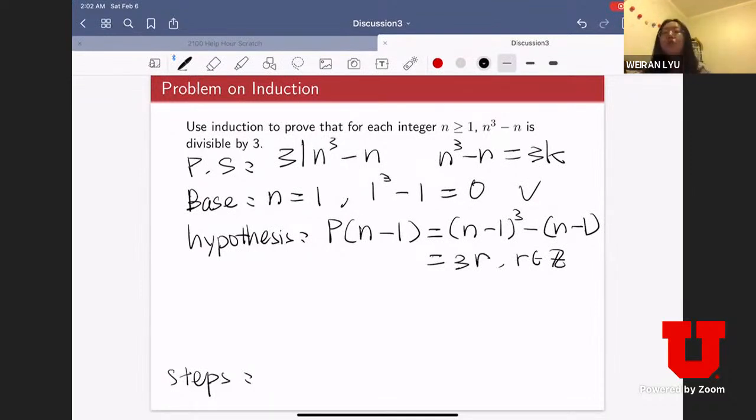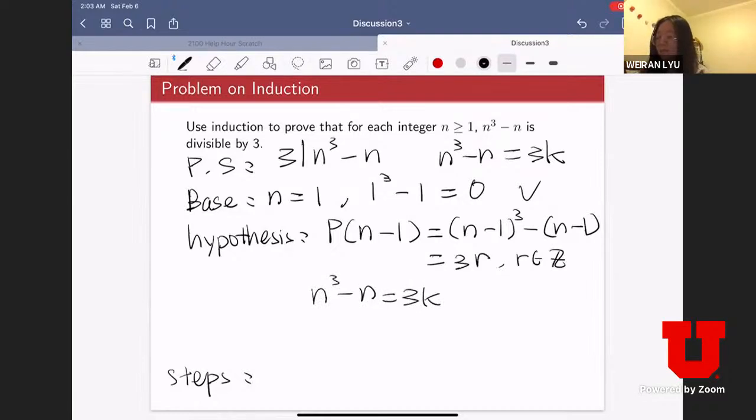And what do we want to show in the inductive step? What are we trying to do here? We're trying to use the hypothesis to prove that n cubed minus n is equal to 3k.